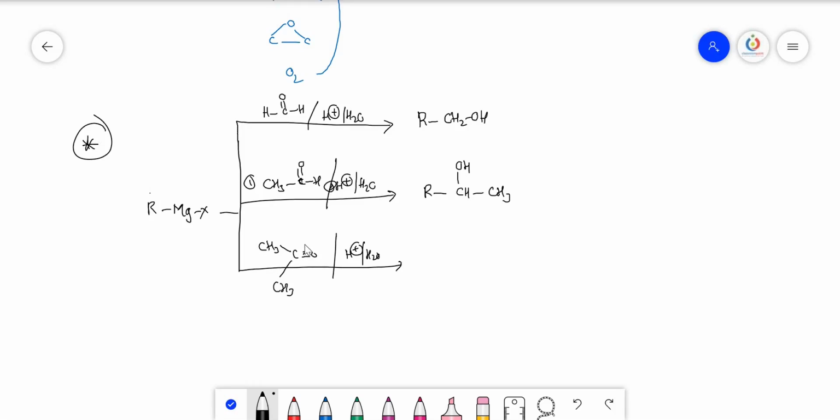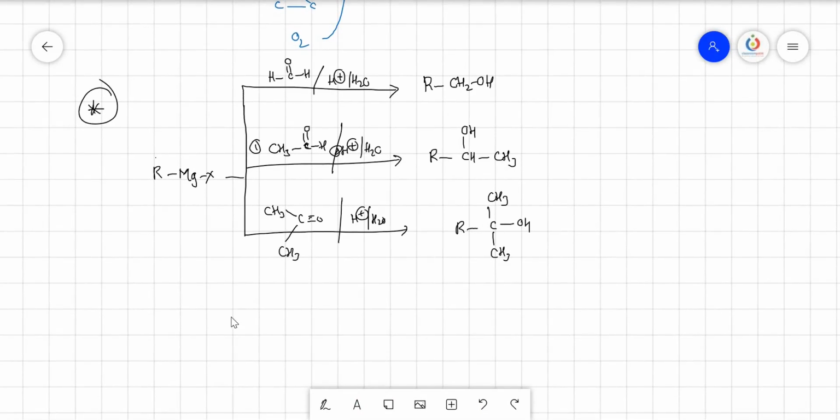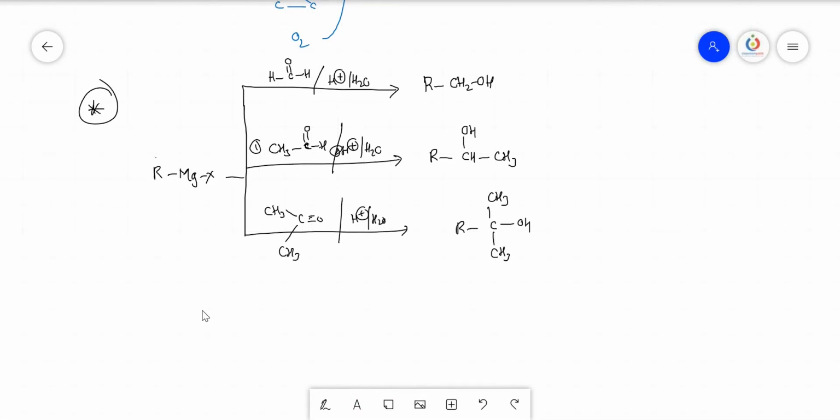Here again it will attack and replace this pi bond, so that here we get the R. Carbon bonds we are not breaking, we are making the carbon bonds. So this carbon already has two CH3 groups, a new carbon bond is coming, R, and finally it becomes OH.